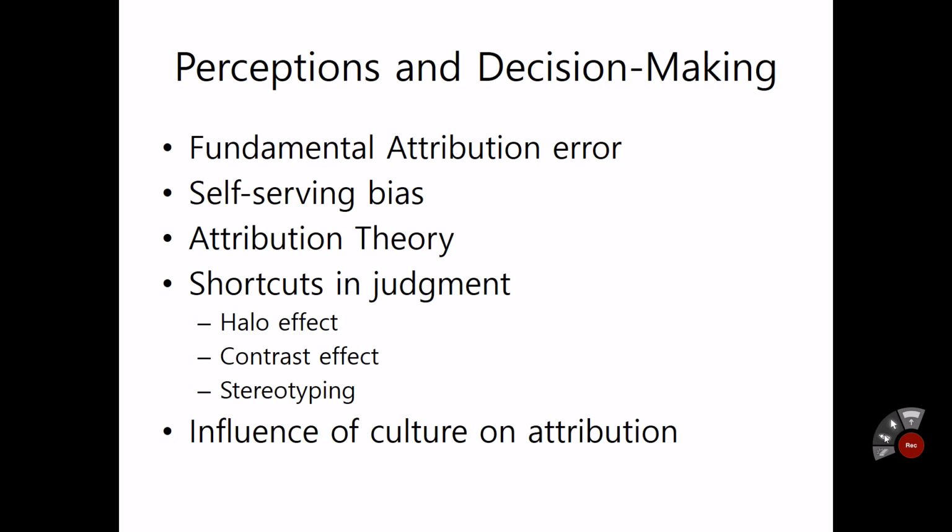And contrast effect is when we see the difference between the first person and the second person, the difference becomes very distinctive, and we kind of misjudge people's quality. That's the contrast effect.